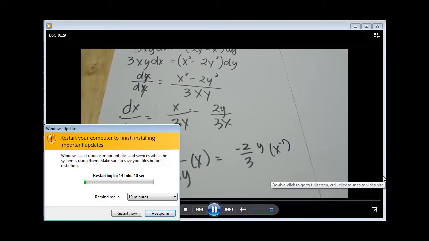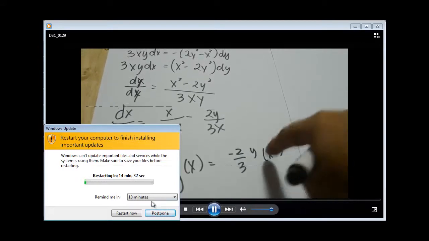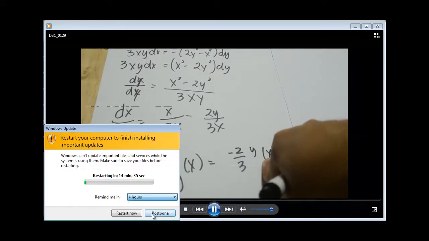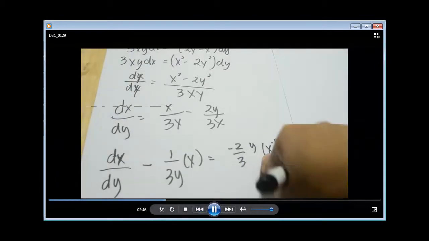Here we can see that x to the negative 1 makes this not an ordinary linear equation, so we can use the Bernoulli equation.